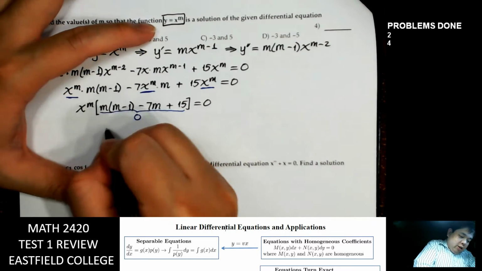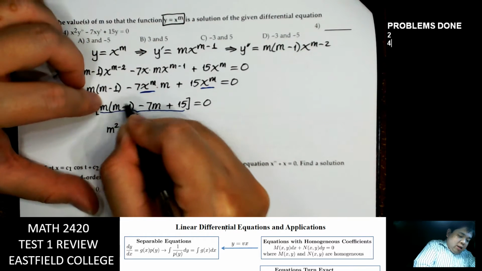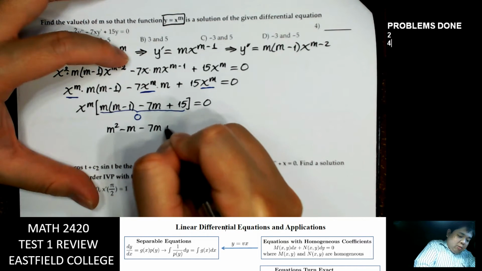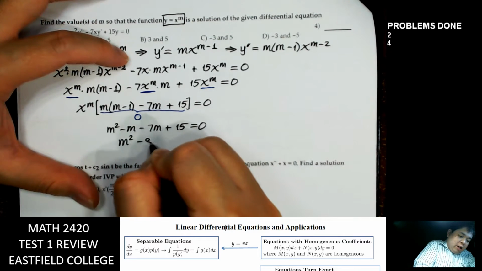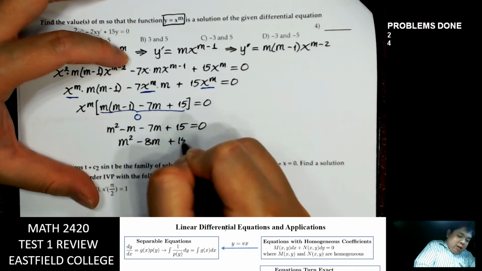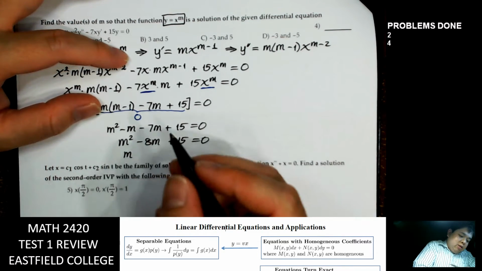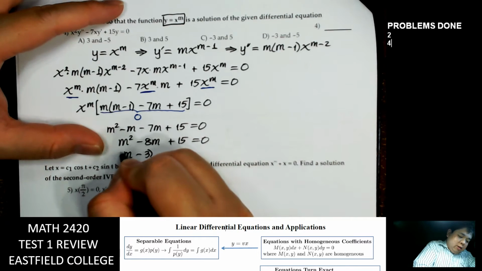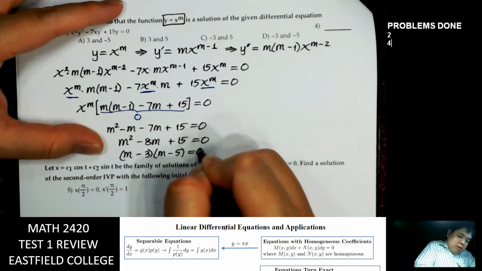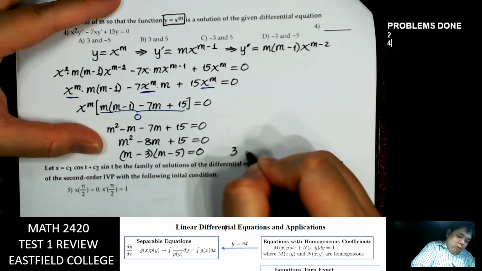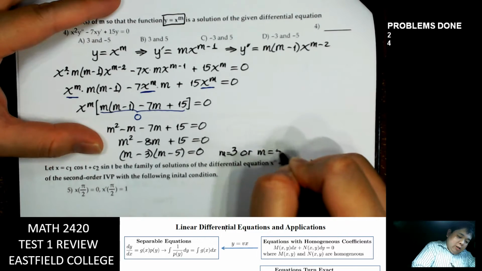So we have the equation m squared minus m minus 7m plus 15 equal to 0, m squared minus 8m plus 15 equal to 0. So m factors as 3 and 5. So I have 3, 5.